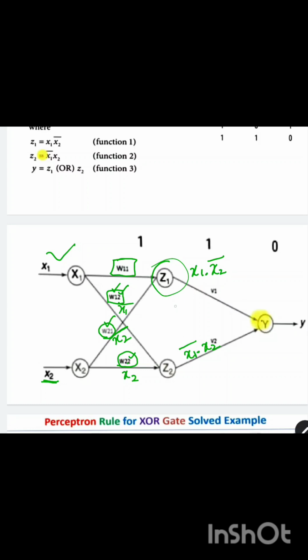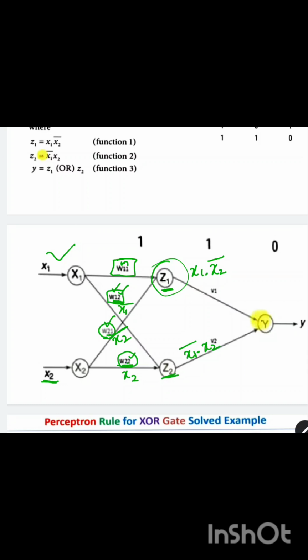So the naming is on the basis of z1 and z2. Okay, so this is first weight for z1, and this is the second weight for z1. Okay, and this one is the first weight for z2, and this is the second weight for z2.